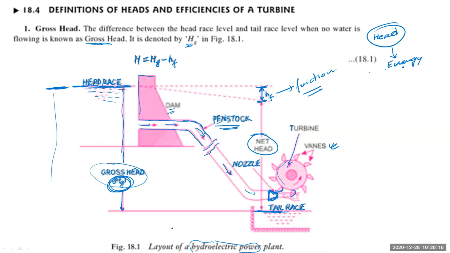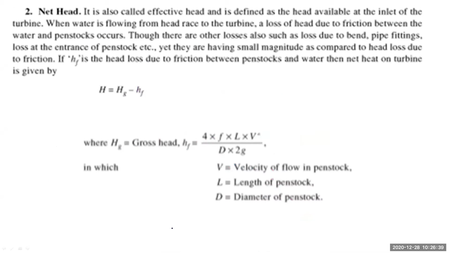Okay. Yes, sir. This is the gross head and the net head. Normally, we use these terms while solving numericals based on turbines. So, we have seen the layout of your hydraulic power plant. Now, what is net head?